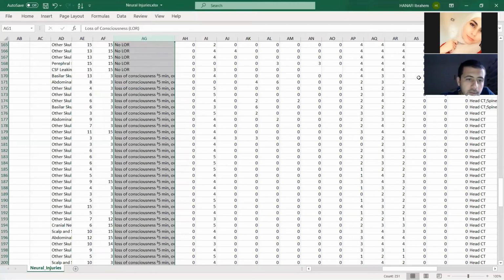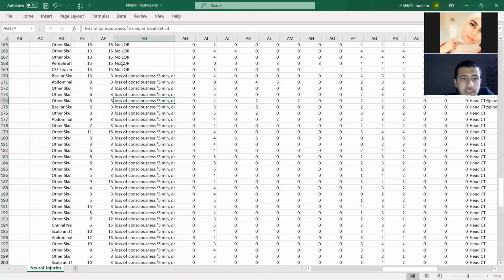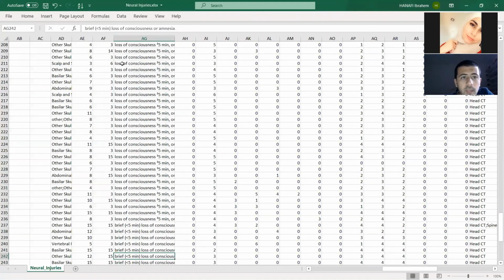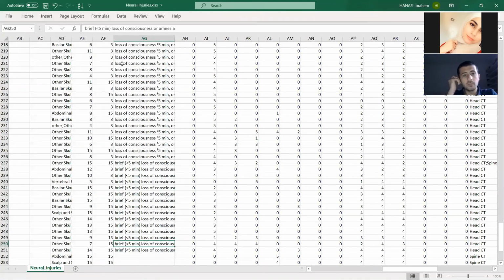Okay. In here we have categorical data. No LOC, loss of consciousness. I don't remember what these numbers were. And here we have a brief loss of consciousness or amnesia. Here we have continuous data. Here we have a lot of numbers.